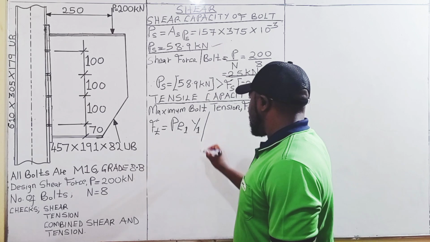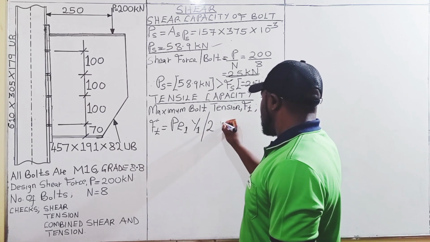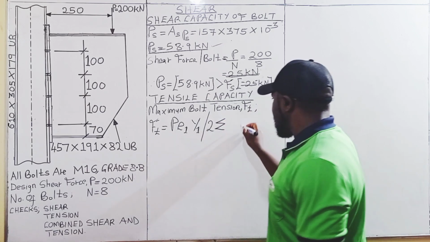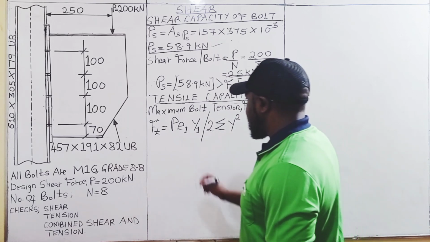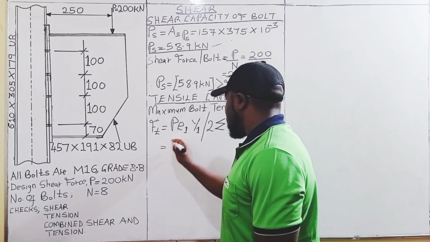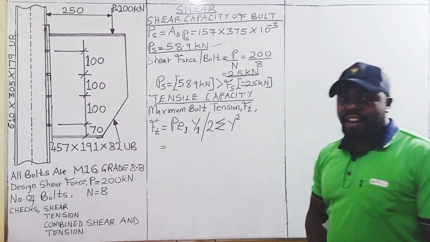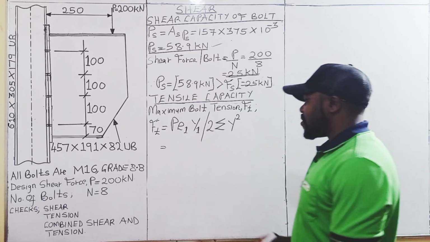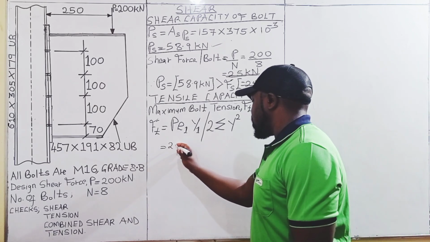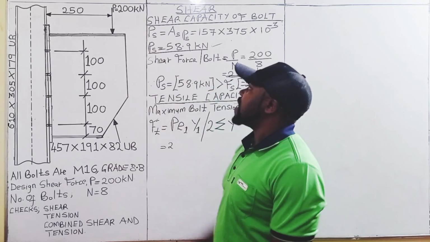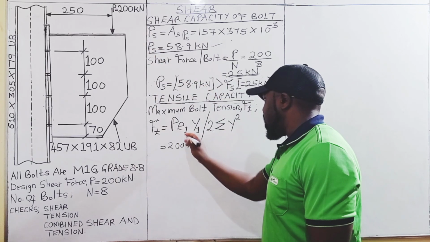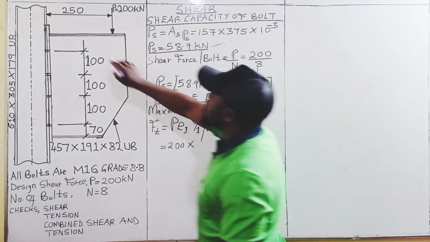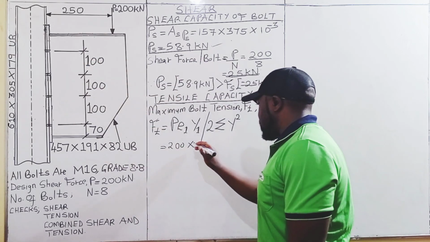Then we are going to divide this one by 2 multiplied by the summation of Y squared. And therefore, this is going to give us P, the design shear force subjected on the bolts, which is 200 kilonewtons multiplied by the edge distance, which is 250 millimeters.